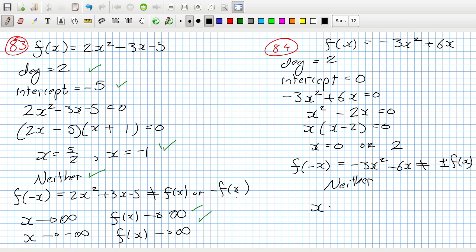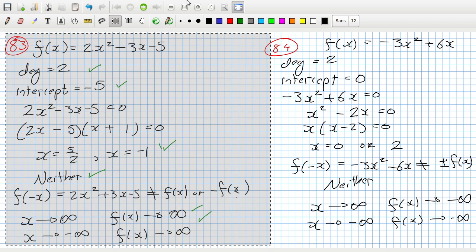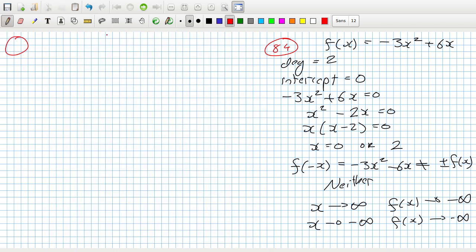And again, when x tends to infinity, this function will tend to minus infinity. And when x tends to minus infinity, this function will tend to, again, minus infinity.